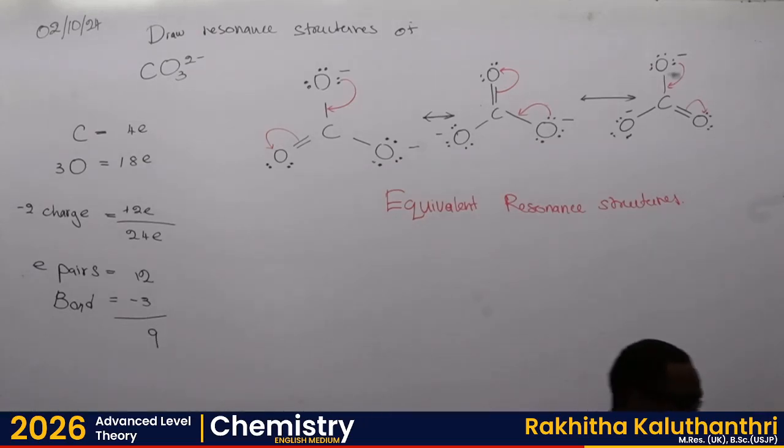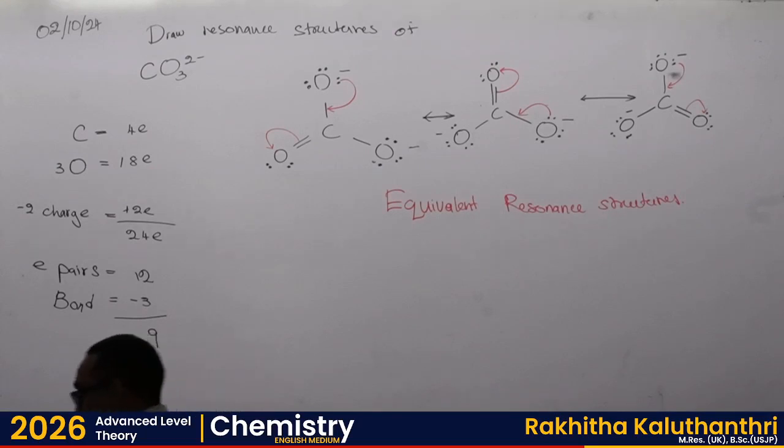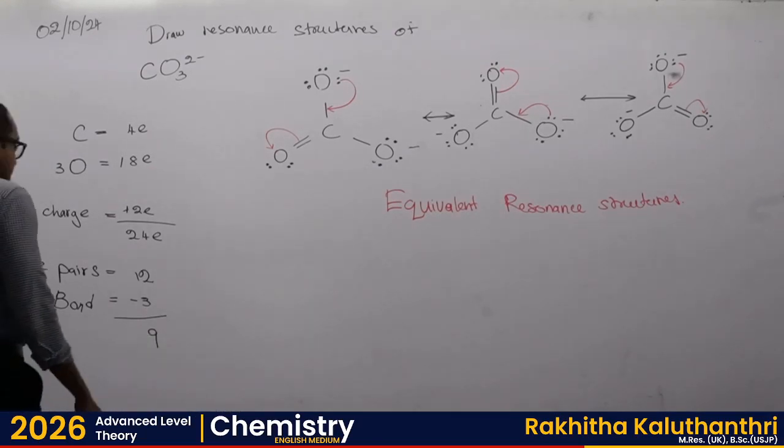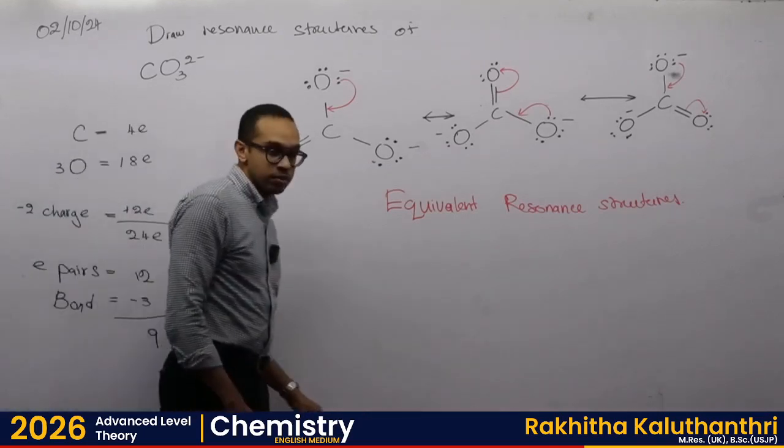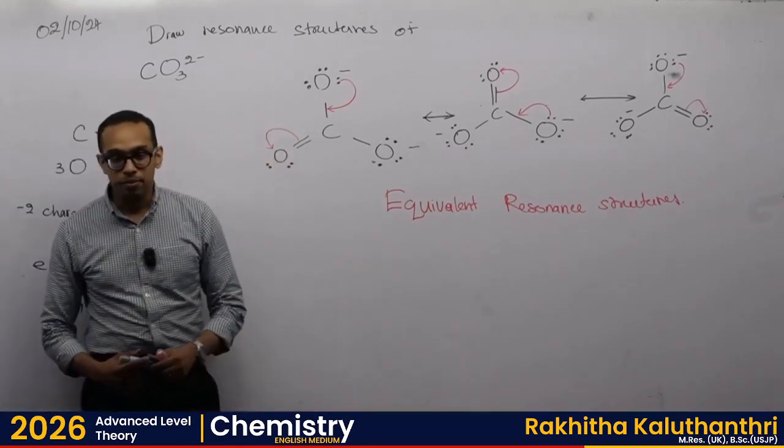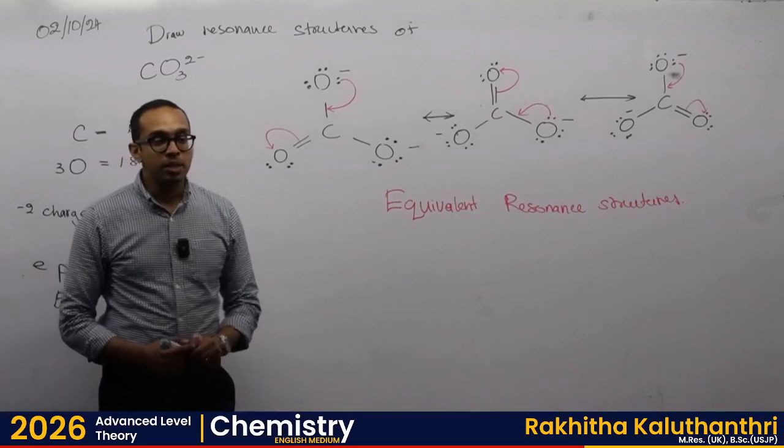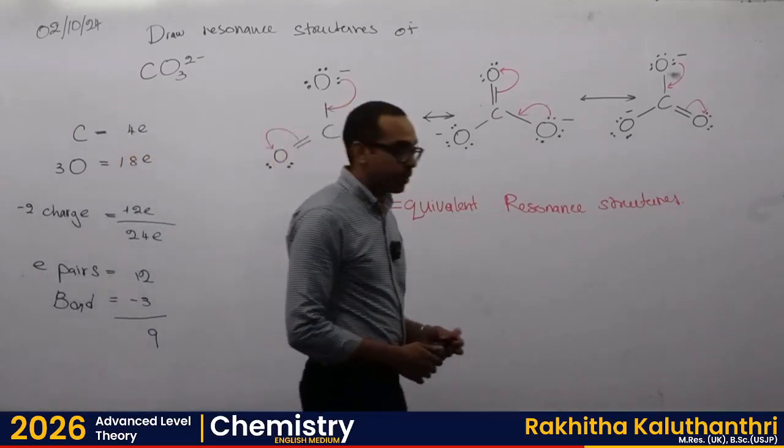Now those aren't equivalent resonance structures. You can say they are pretty similar, but one is unstable than the other. Can you tell me which one is unstable? The A structure is unstable.